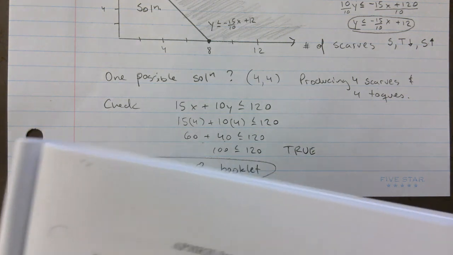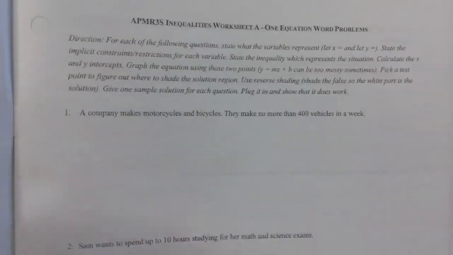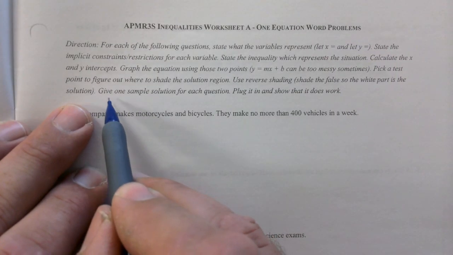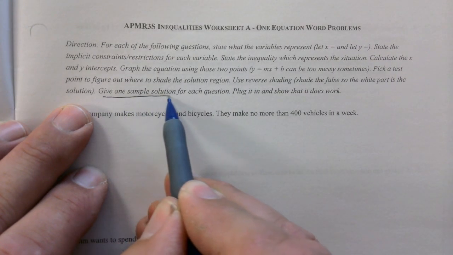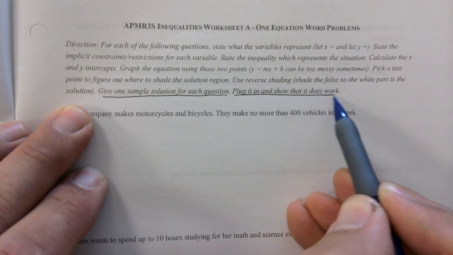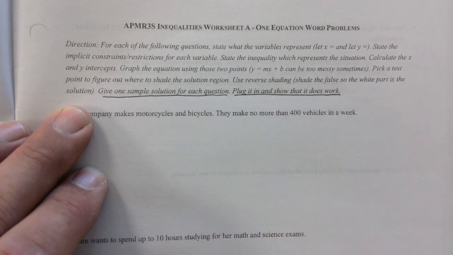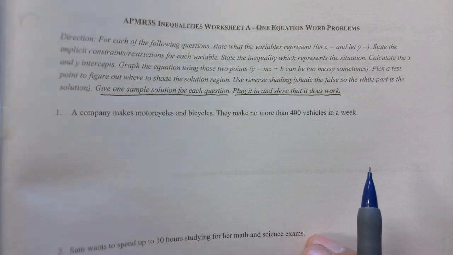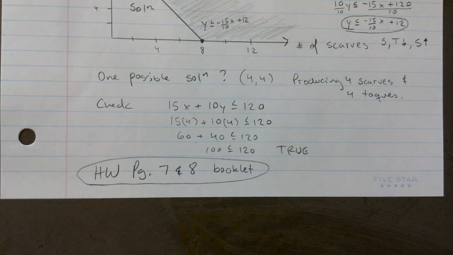Watch what it says here. Follow the instructions carefully: give one sample solution for each question, plug it in and show that it works. I need you to do that as well. And other than that, just go through the steps that I've talked about today.